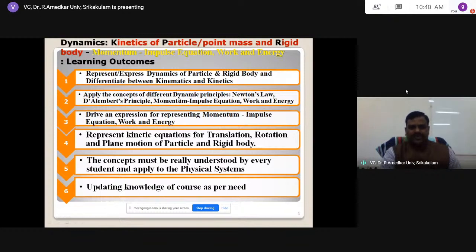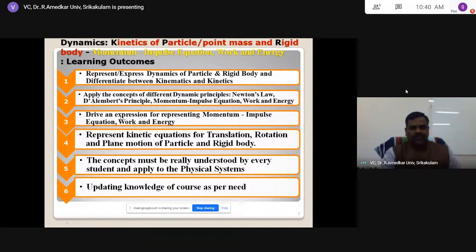You apply the concept of different dynamic principles: Newton's law, D'Alembert's principle, momentum impulse, work energy. These four ways any dynamic system is considered, or you can modify later with other methods also, like Hamilton's principle, Rayleigh method, Rayleigh-Ritz method, weighted residual method. There are so many other methods for statics as well as dynamics.